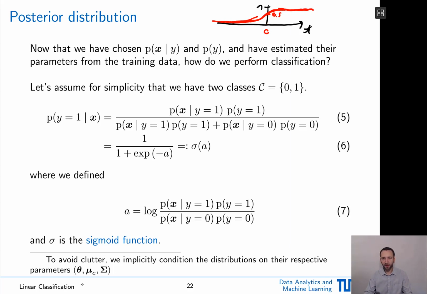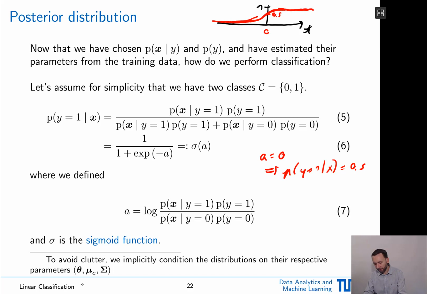So what does this mean for the probability? The probability of class 1 equals 0.5 if A equals 0. So A equals 0 means the probability for class 1 is 0.5.